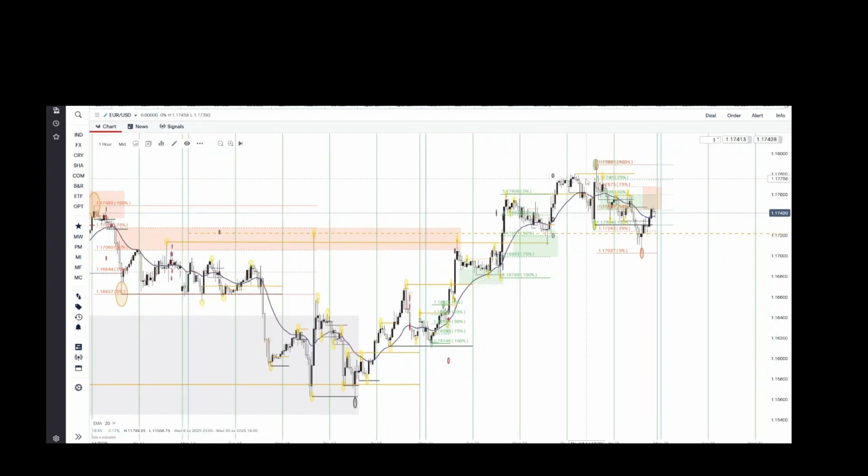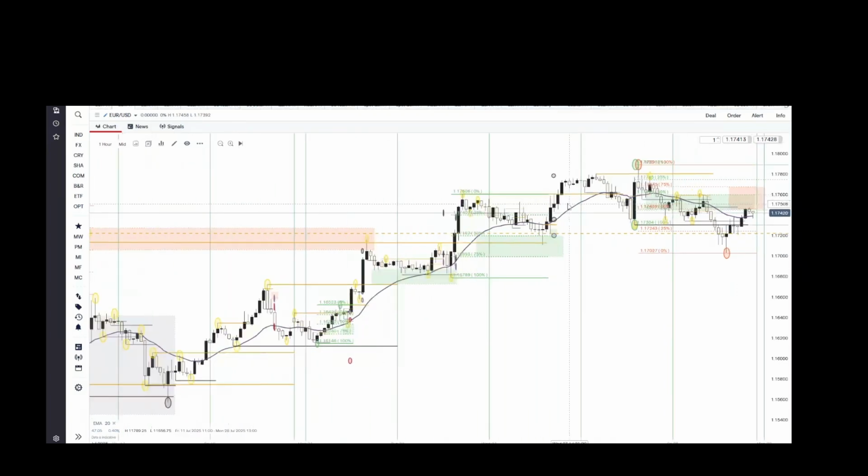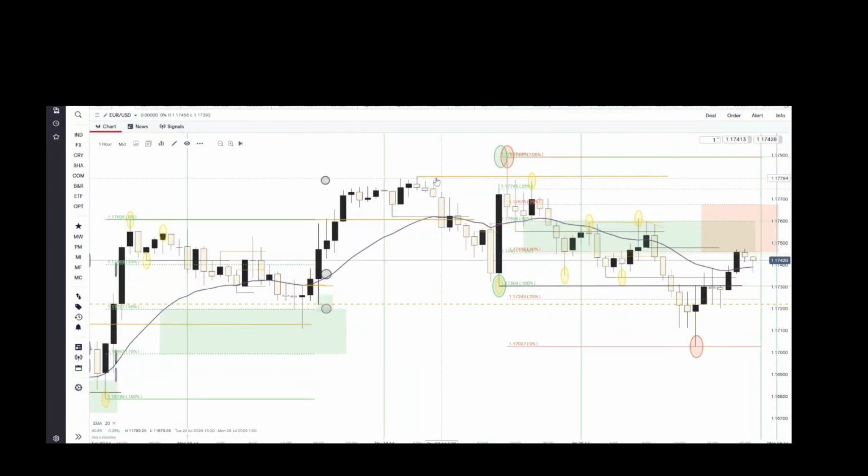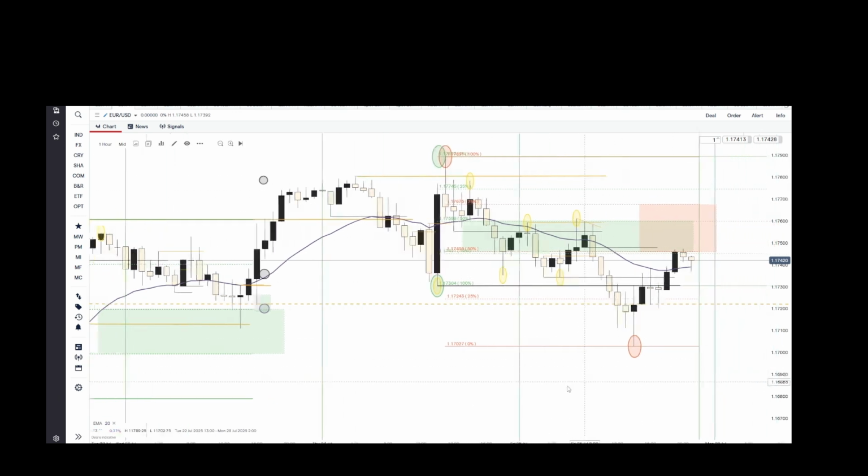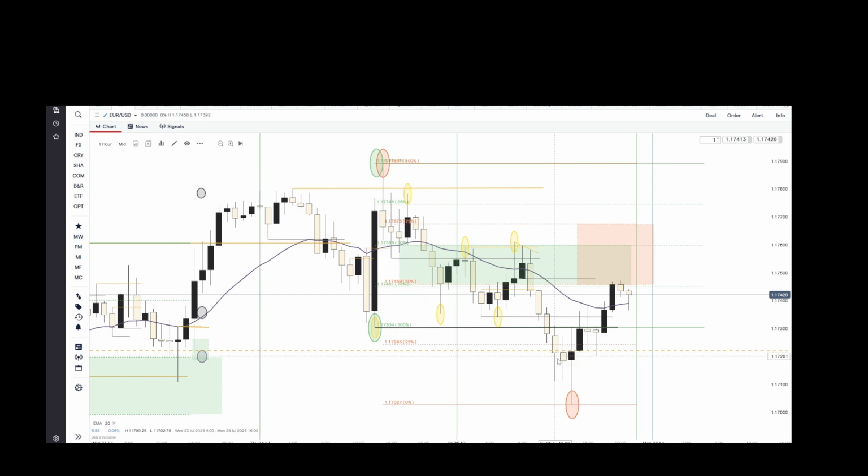What we haven't got is a close beyond this high. We've only had a wick coming through it, and we're getting a close lower below these structure points here.